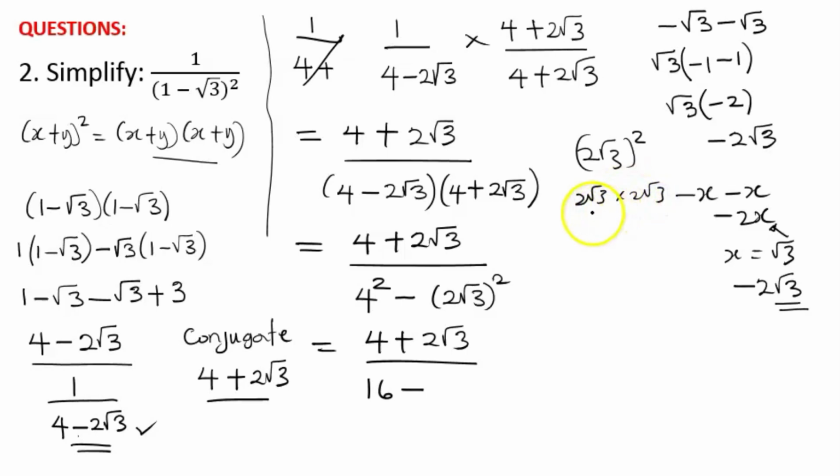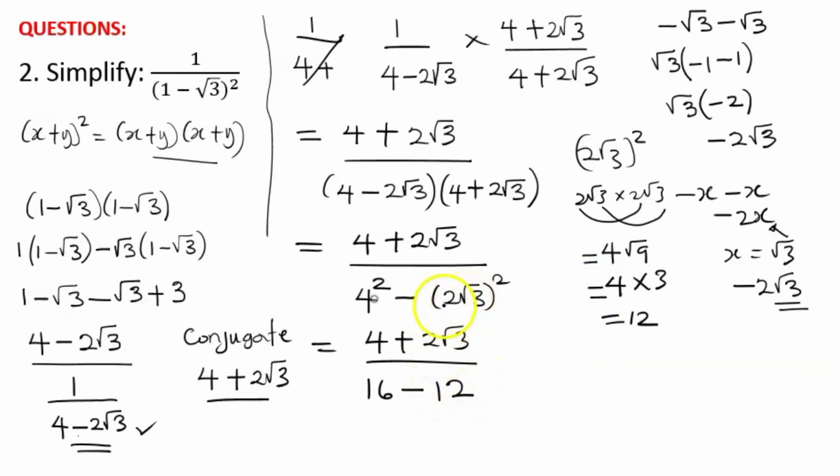So 2 is going to multiply 2, root 3 is going to multiply root 3. So 2 times 2 is going to give you 4. Root 3 times root 3 is going to give you root 9, which is 3, and 4 times 3 is going to give us 12. So I can now successfully put 12 here.